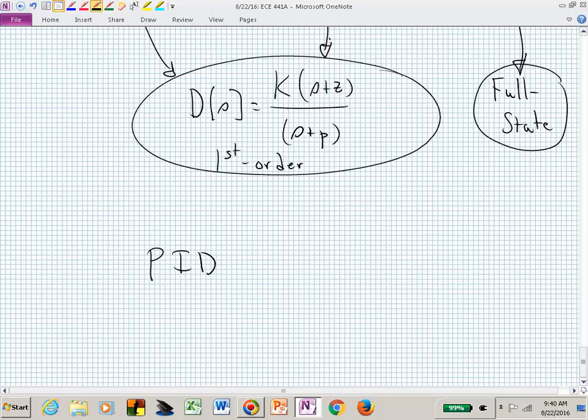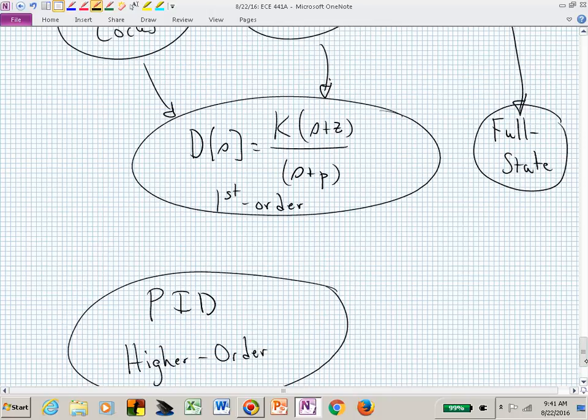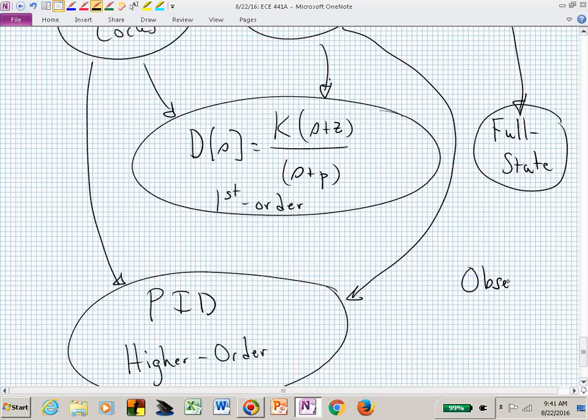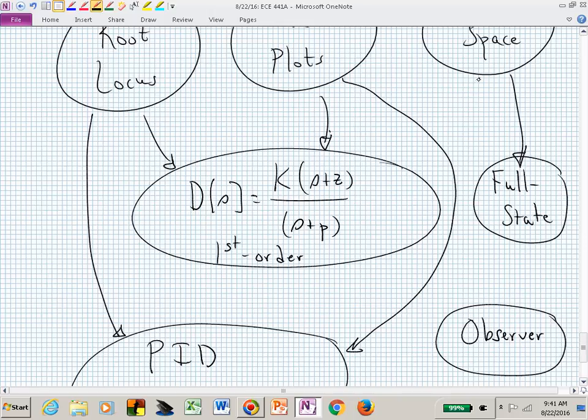We have three different pieces, and so this now naturally leads into a second order controller, and we may have to even go higher and design third order controllers, but we can do that in the Bode plot domain or the root locus domain, and we're obviously doing that when we start doing any kind of observer design in the full state setting.